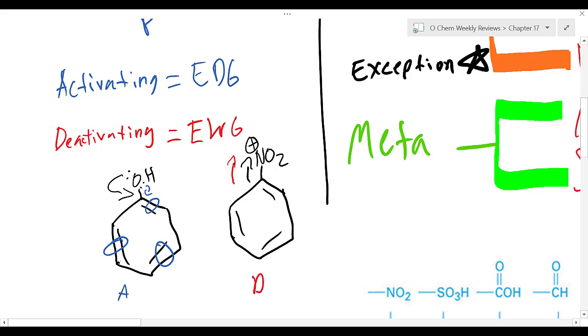Because nitrogen lacks electrons, it's going to withdraw electrons from these double bonds. Therefore, it's going to destabilize that aromatic ring, and it will no longer be participating in the resonance system. So it deactivates that aromatic stability.